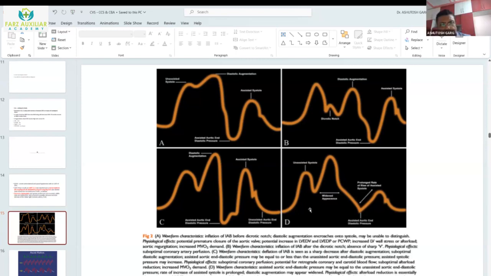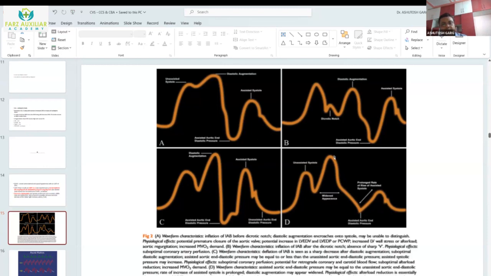Yes. And the problem is that the physiological benefit of IABP is a decrease in oxygen demand, and the coronary perfusion improves with the IABP.